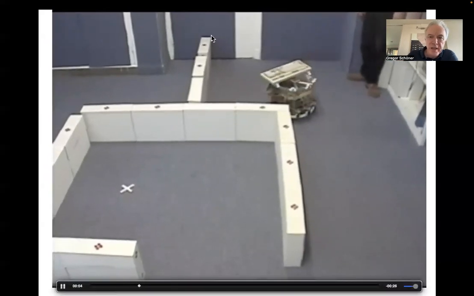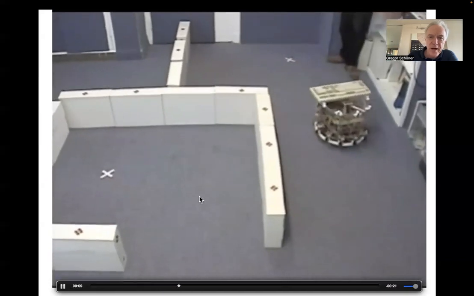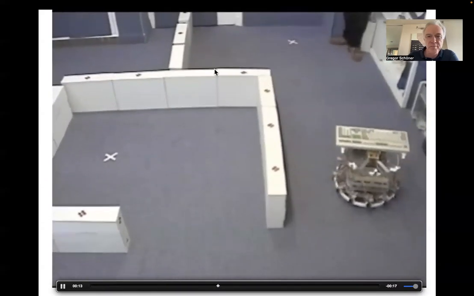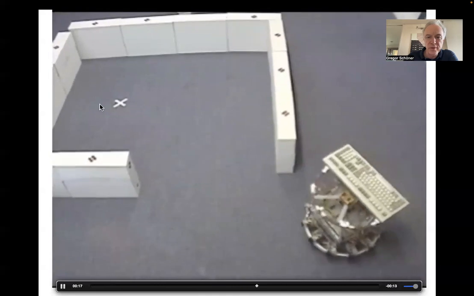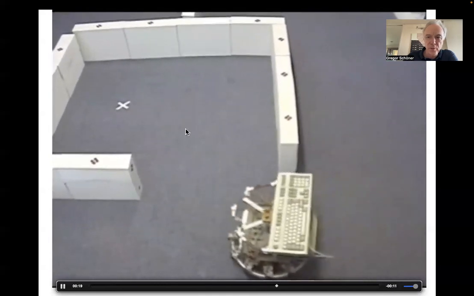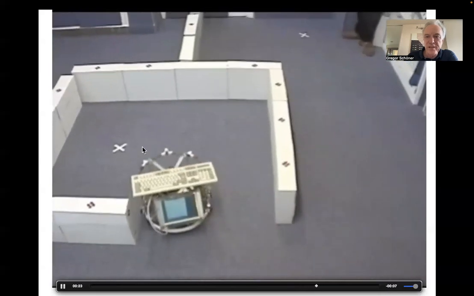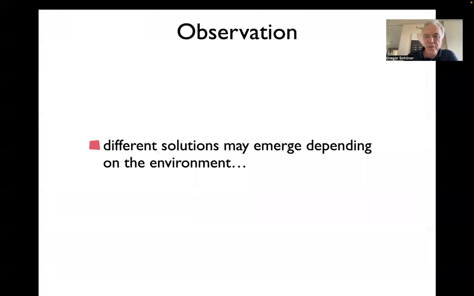So here we blocked off that wall, and the robot finds the other, shorter path. Not because it knows, it's just emergent. Because it was initially heading in this direction, it would normally be running along the wall. But with that additional obstacle, it actually finds the alternative path. So this very low-level approach solves some global problems.